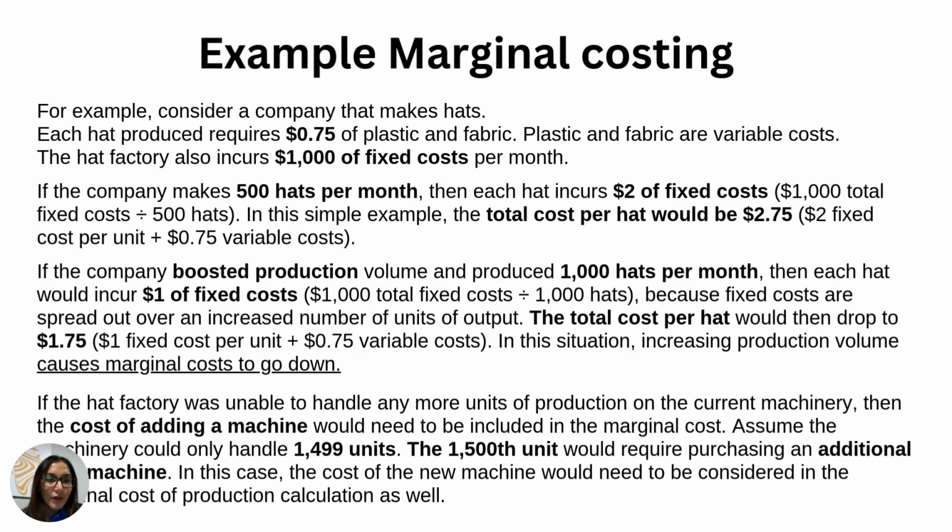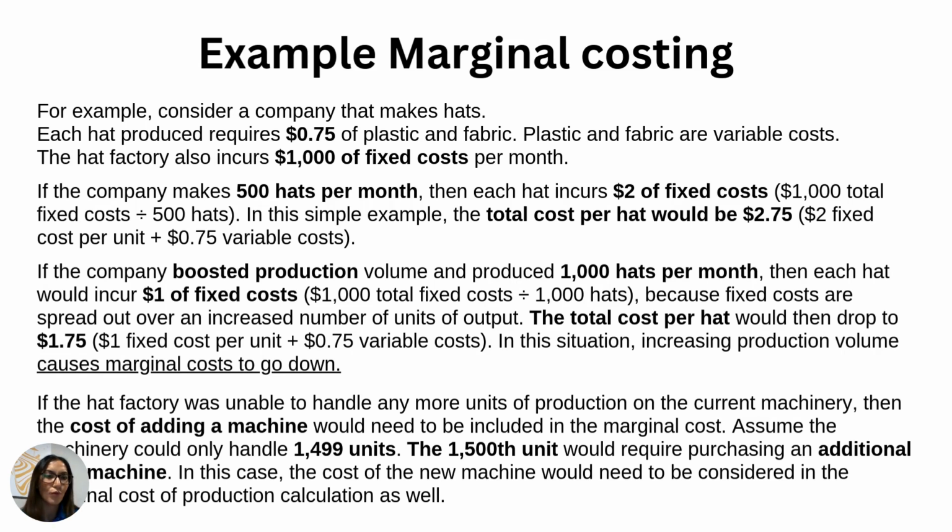If the hat factory was unable to handle any more units of production on the current machinery, then the cost of adding a machine would need to be included in the marginal cost. Assume the machinery could only handle 1,499 units, and the 1,500th unit would require purchasing an additional $500 machine.